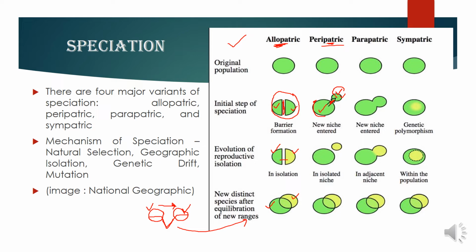So, in order to fit in the niche, they had a change in the genetic frequencies of its allele. We know that for any particular characteristic, every gene has got several alleles.